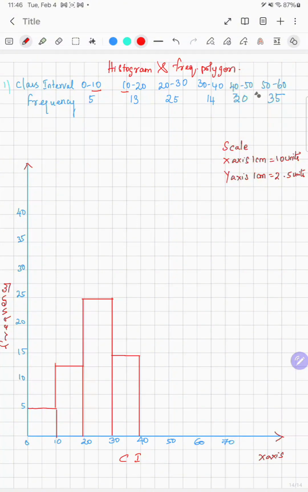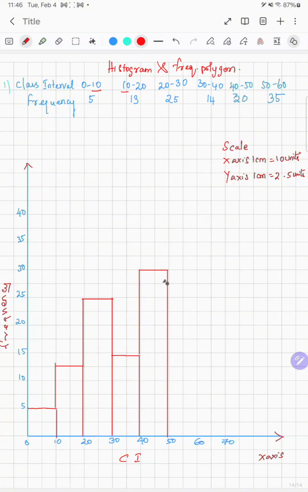Next one, 40 to 50. Its frequency is 30. So draw a line from here up to 30, then from here up to the class interval 50.